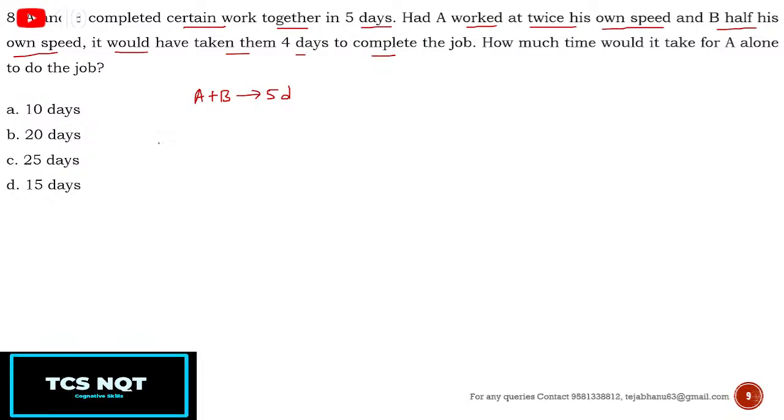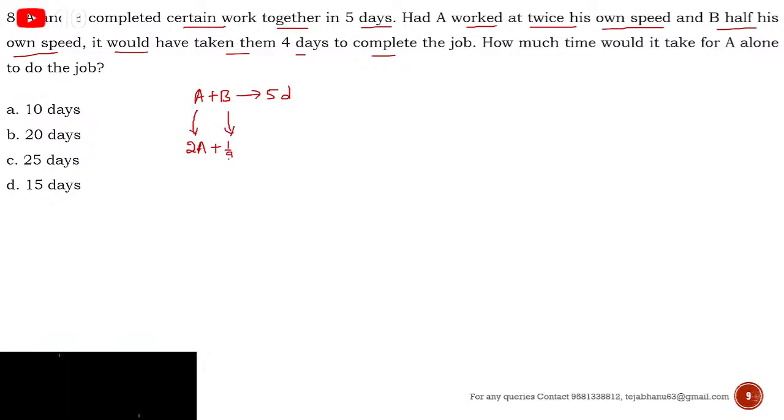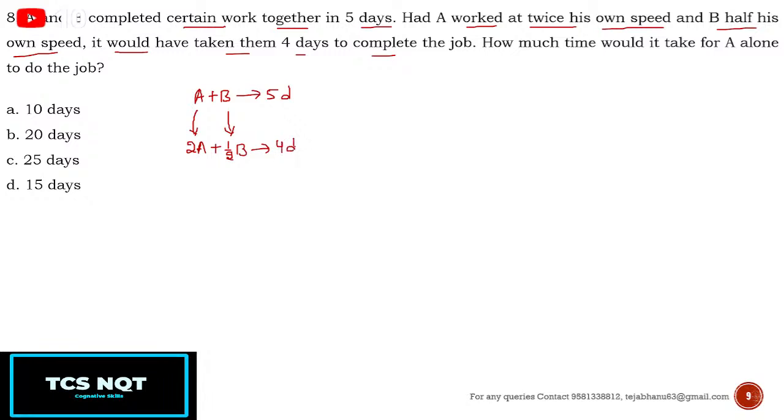That is, A is working at twice the speed and B at half of the speed, and the total work will be completed in 4 days.